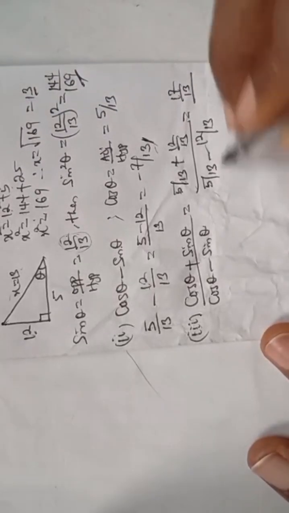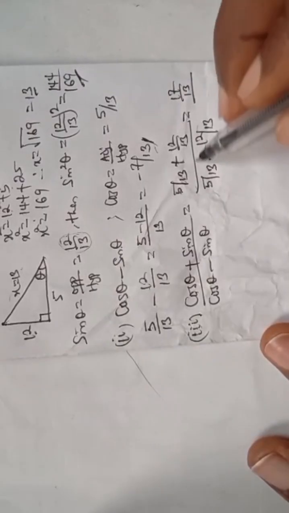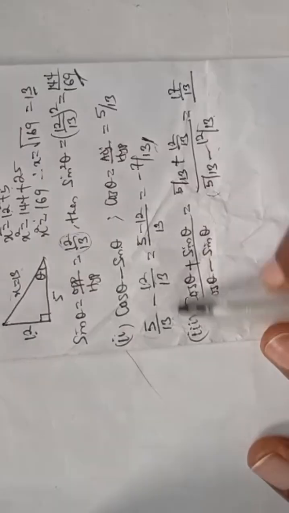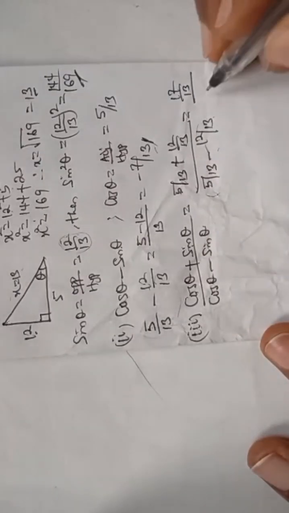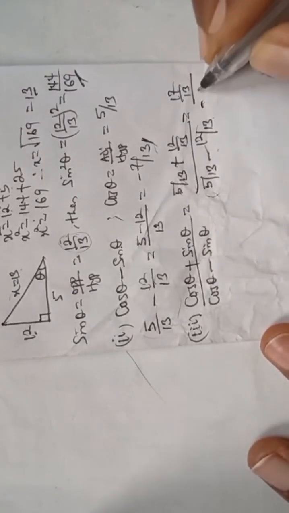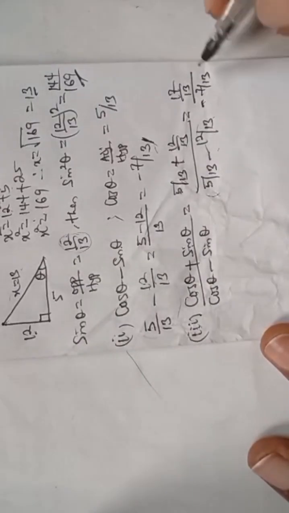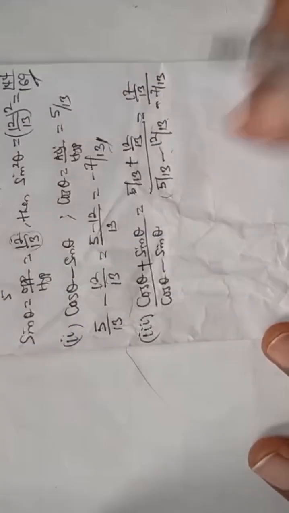Underneath, what we have is what we got before: minus 7 over 13. So from here we'll continue.